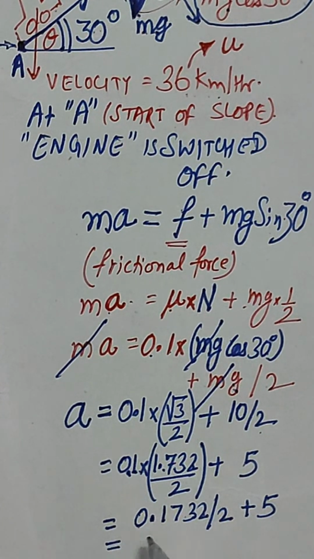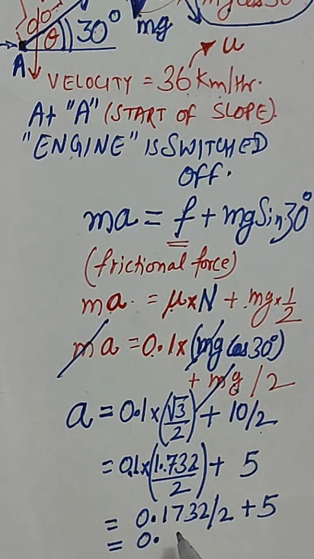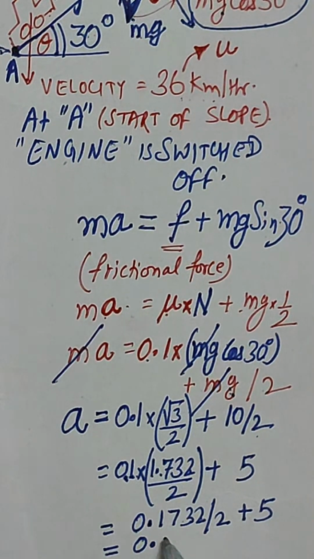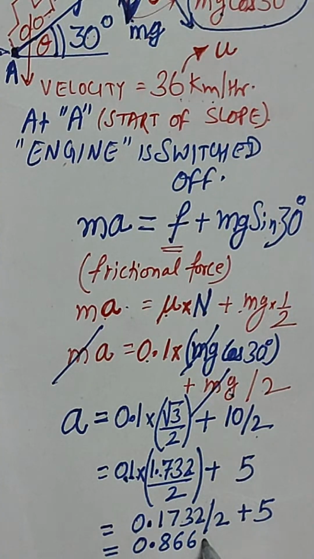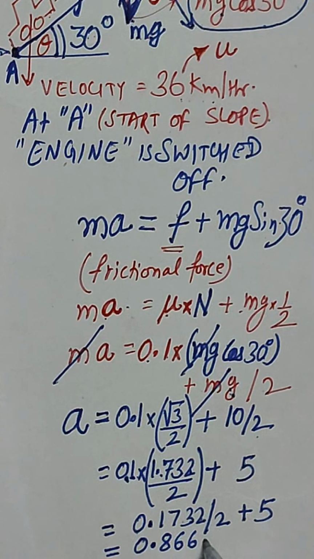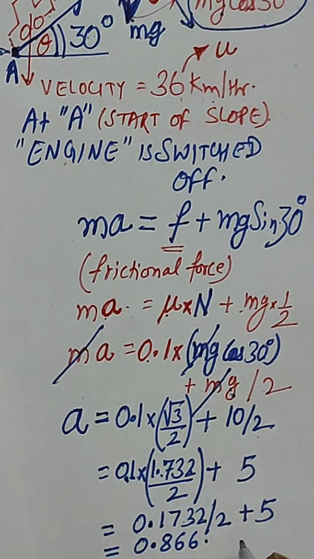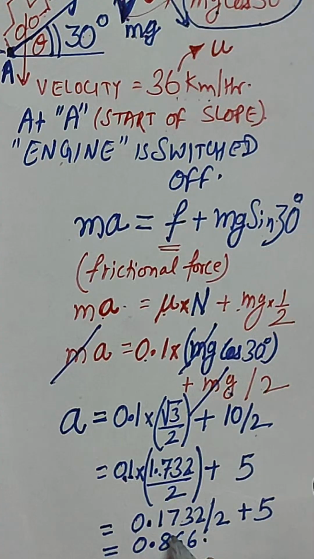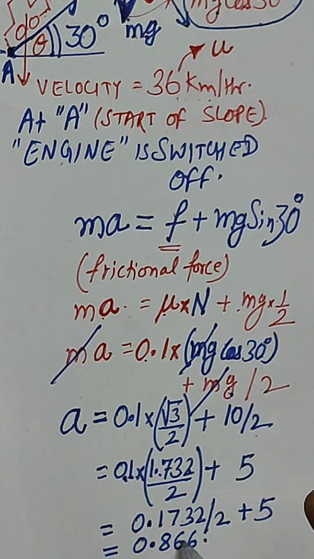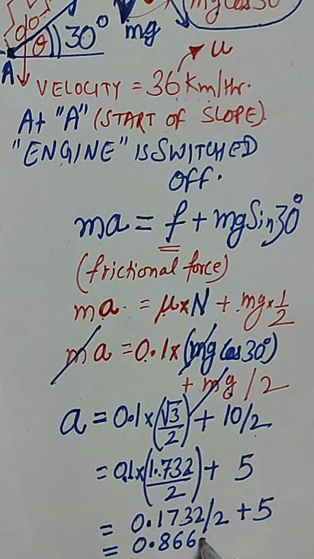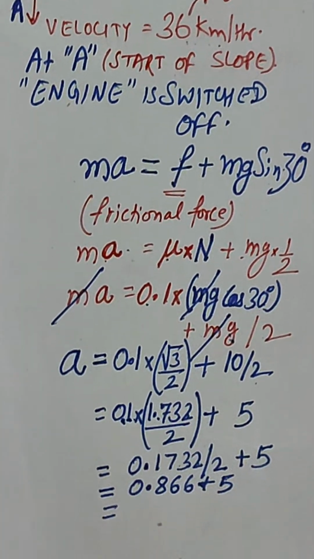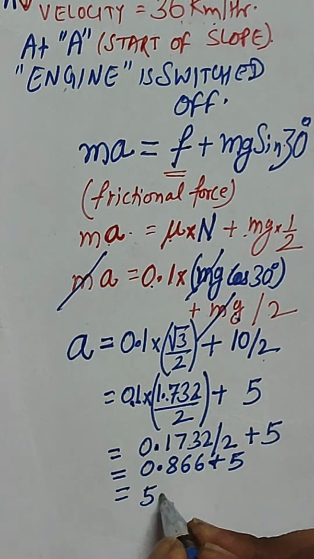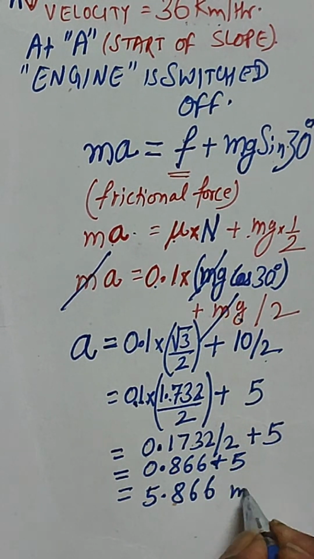So 0.1732 by 2 will be 0.866, plus 5. So this will be giving you 5.866 meter per second square.